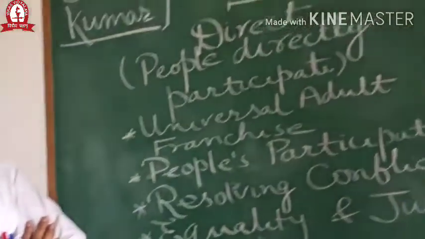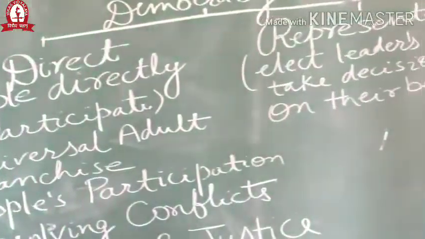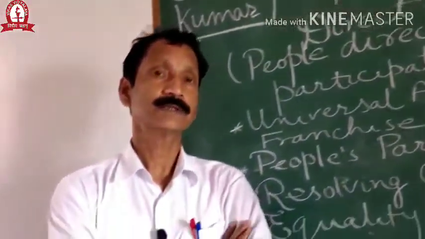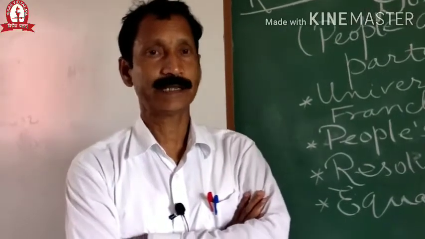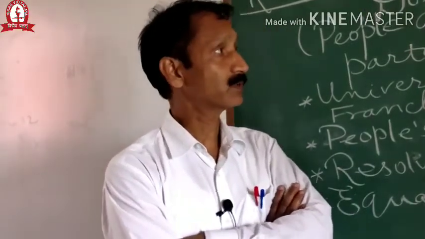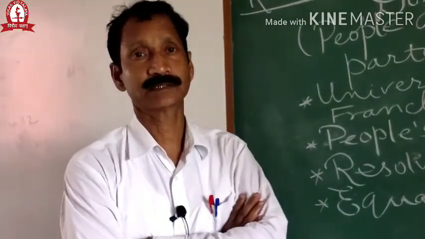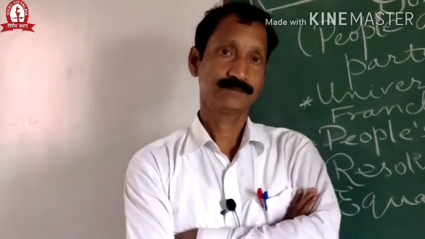You know that democracy is of two types. First, direct democracy. Second, representative democracy. It is also known as indirect democracy.